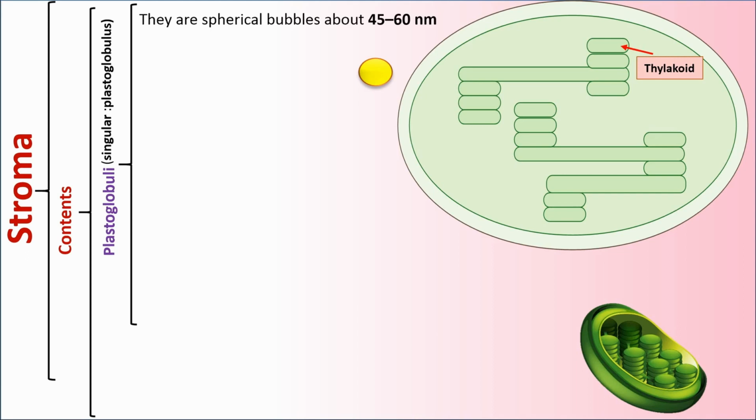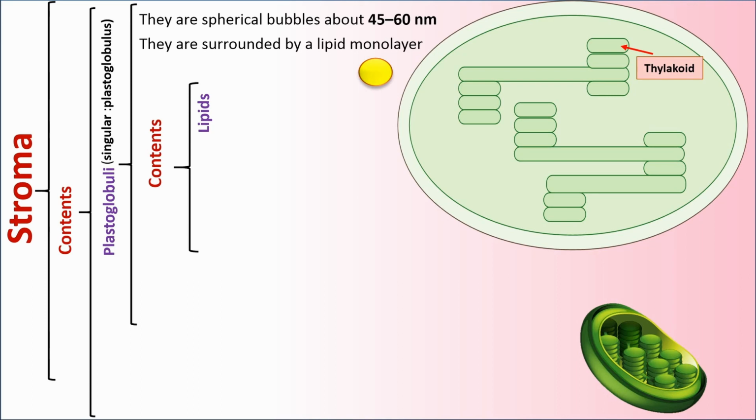Plastoglobuli. They are spherical bubbles about 45 to 60 nanometers. They are surrounded by a lipid monolayer. Contents of plastoglobuli are lipids and proteins. Lipids are plastoquinone, vitamin E, carotenoids, and chlorophylls.